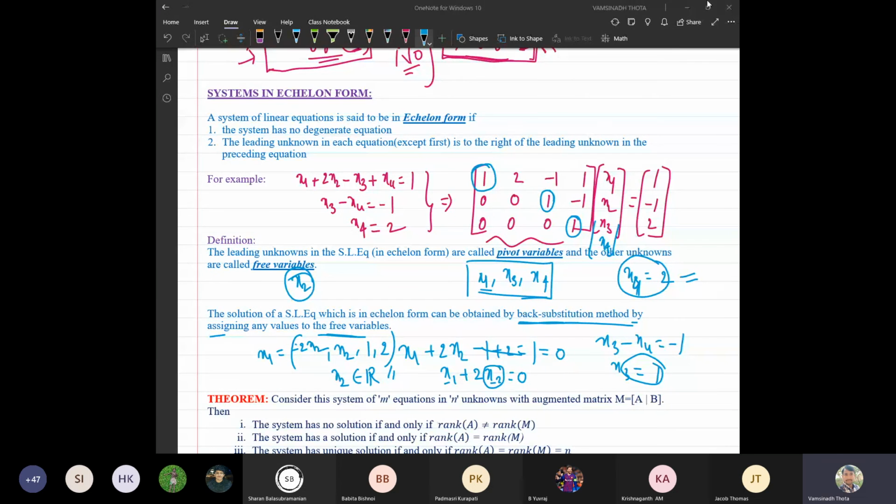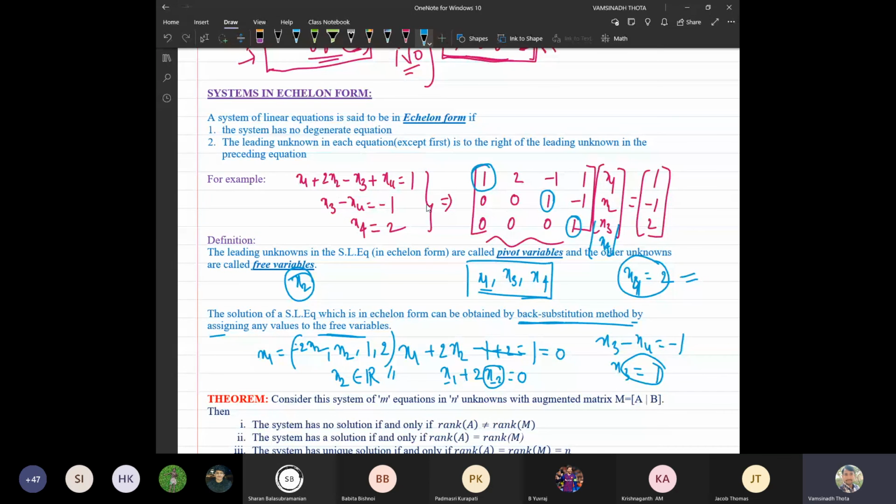I think by this time one of you might have asked, why do we need to perform these row operations? I think by this time the person might have understood. If not, see this.